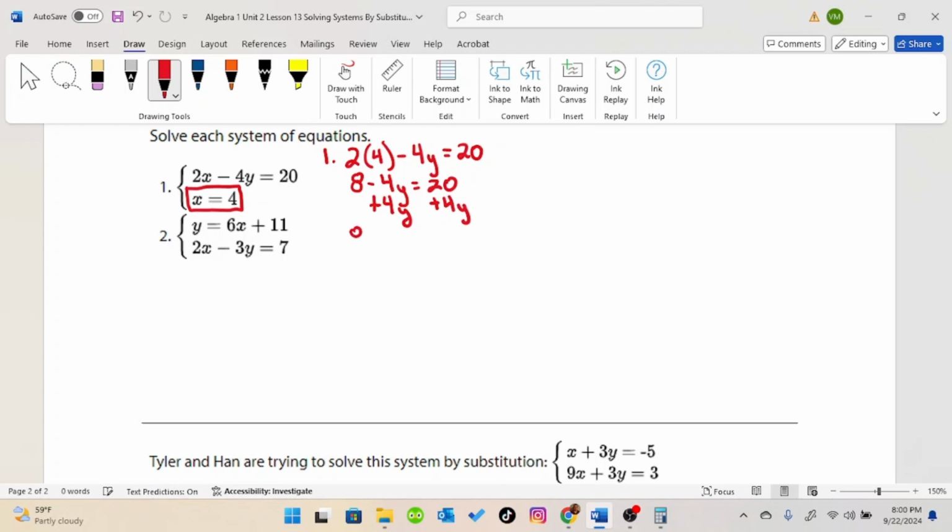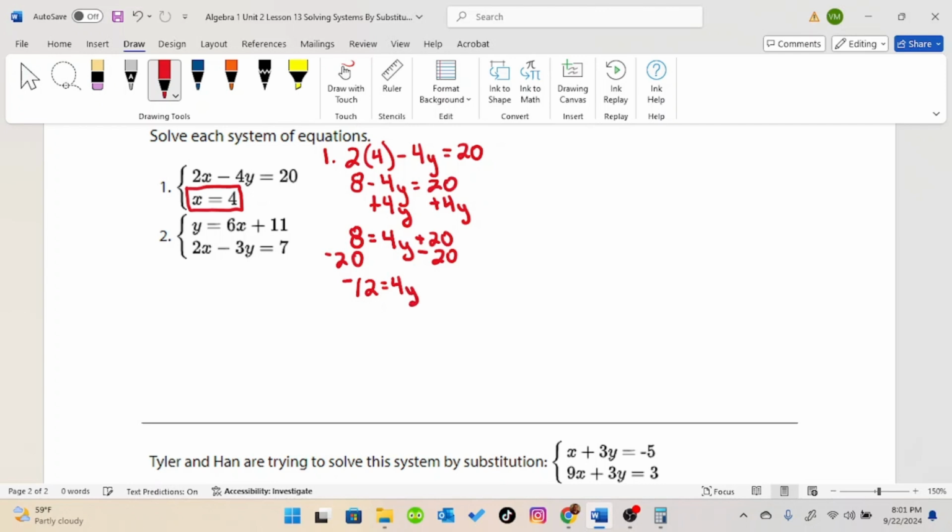That becomes 8 equals 4y plus 20. Now we're going to subtract 20 from both sides, and we get negative 12 equals 4y.